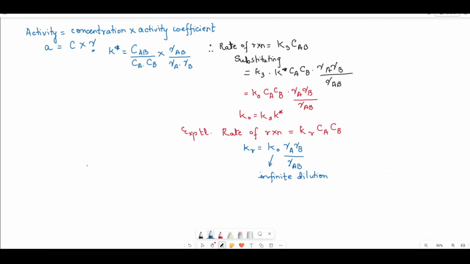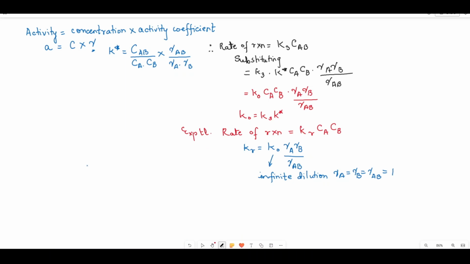And at this infinite dilution, gamma A is equal to gamma B is equal to activity coefficient of AB will be equal to 1.